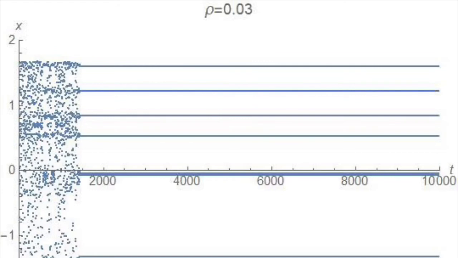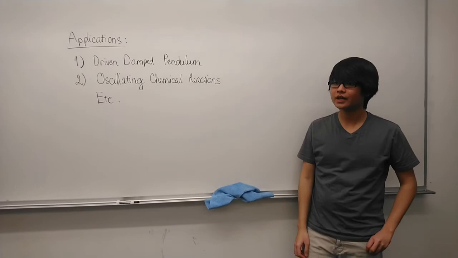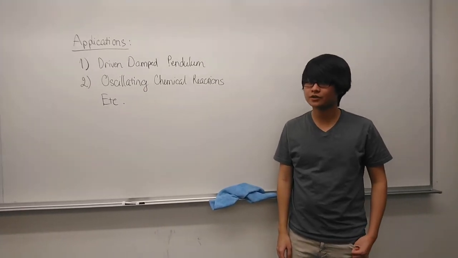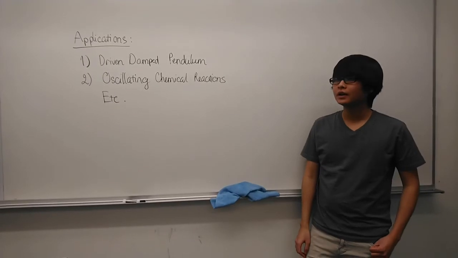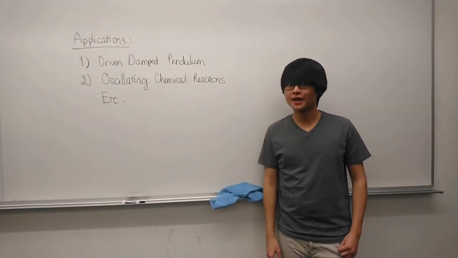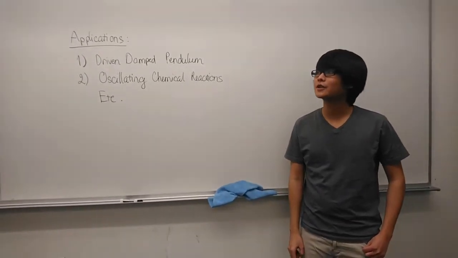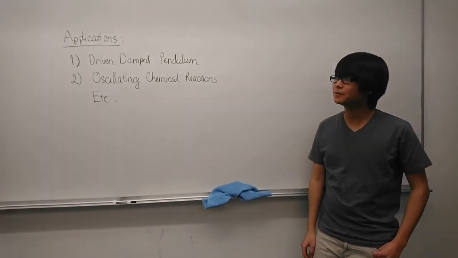Therefore, the OGY method requires some predictions of rho based on the Poincare section of a chaotic attractor. The video demonstrated the OGY method of chaos control on a discrete system like the Henon map. The method, nonetheless, finds applications in various continuous systems.